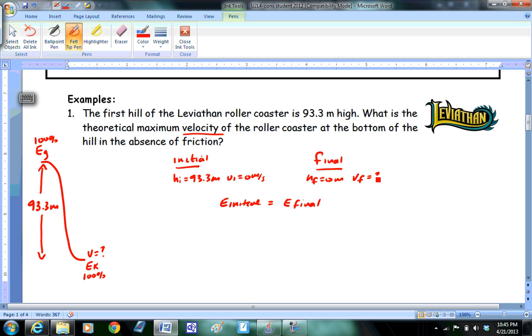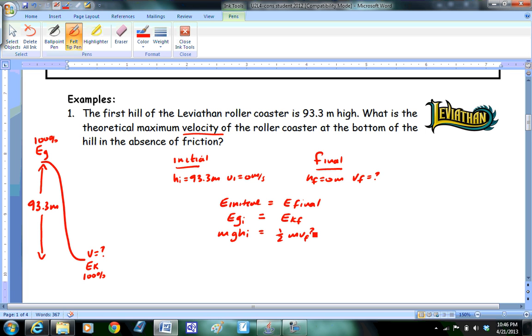So what we know is at the beginning, all I have is EG, and that EG is going to be changed into EK. And we know the equations here. mgh initial is equal to 1/2 mv final velocity squared.